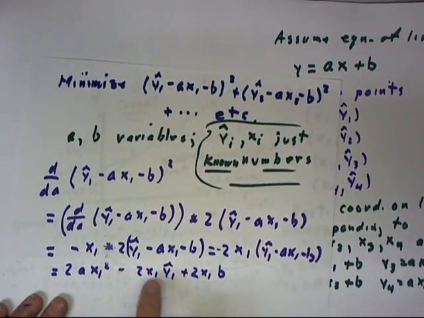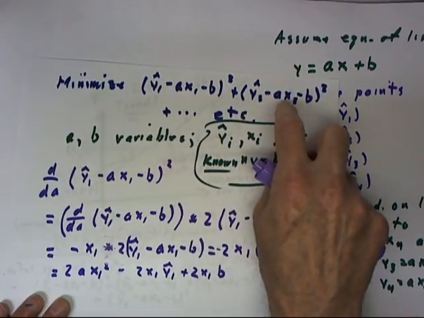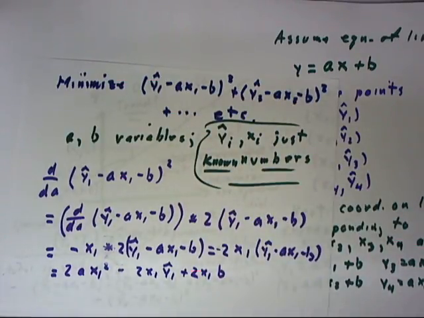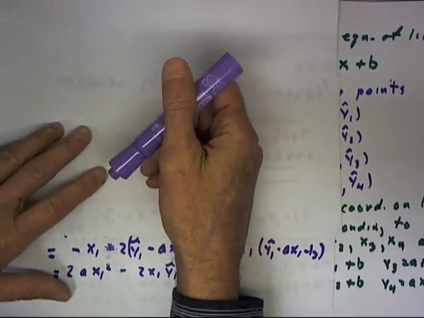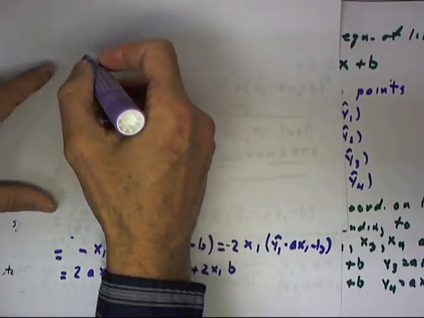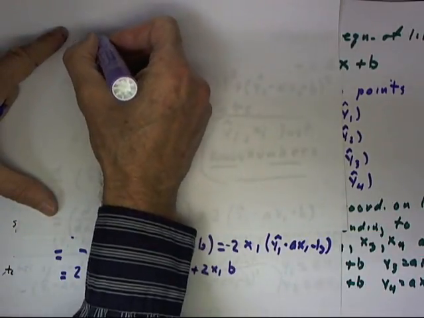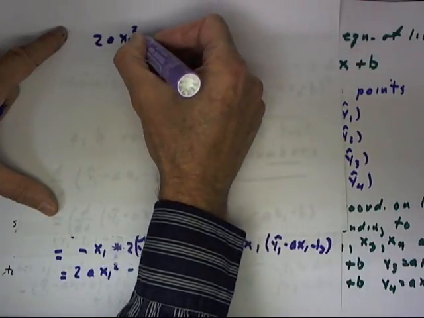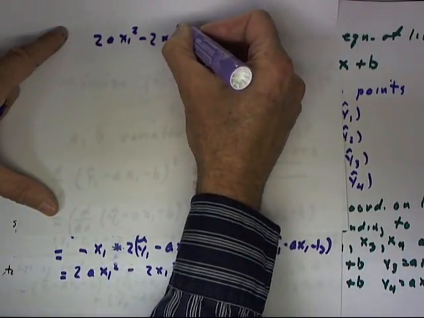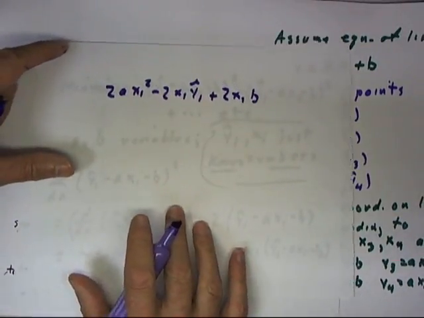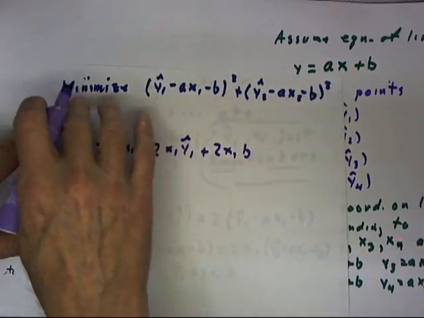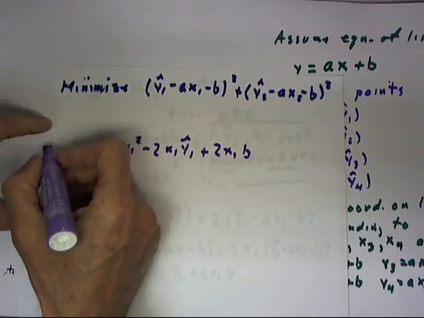Now we're going to have a similar term from every one of these squares, so that when we take the derivative with respect to a of the entire expression, we get something that looks like this. First of all, our first term is going to be 2a x1 squared minus 2x1 y1 hat plus 2x1b, and that'll be our derivative of the first term.